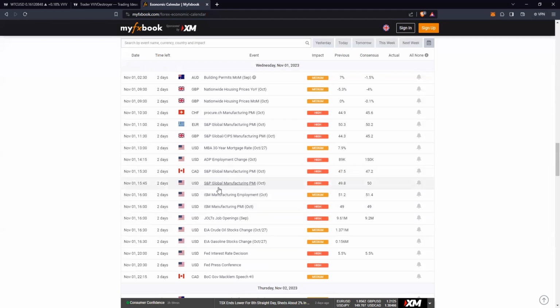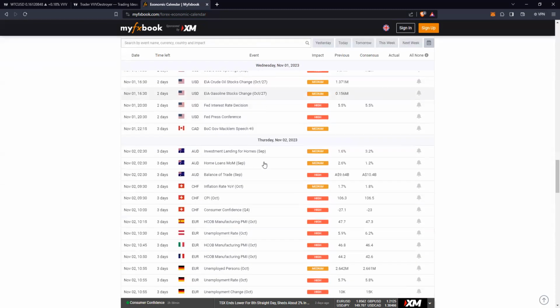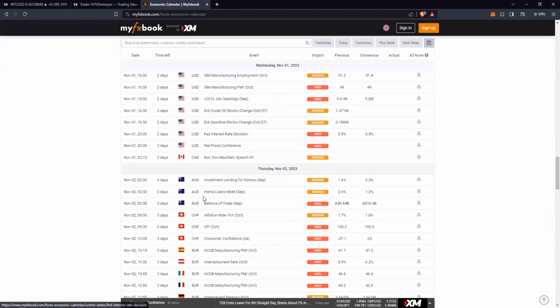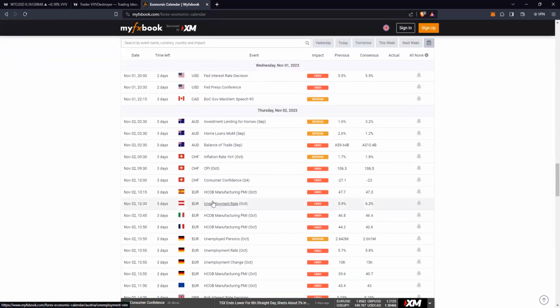So that's not something that we see very often, that those two are on the same days, but yeah, why not? And after that, we're gonna have an interest rate decision, which is crazy, on Wednesday. So there will be a lot of liquidity in the market.